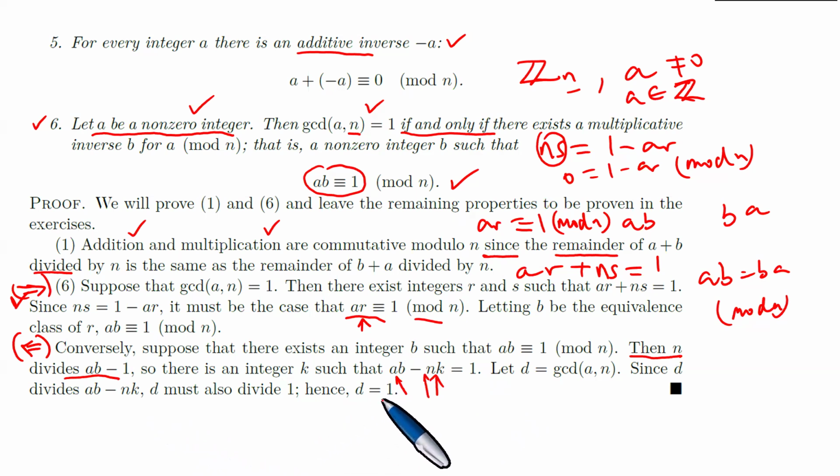Hence, d is 1, because what other number can divide 1? It's just 1 itself. 2 can't, 3 can't, and so on. So the greatest common divisor is 1. We've been able to establish this with so much ease and simplicity.